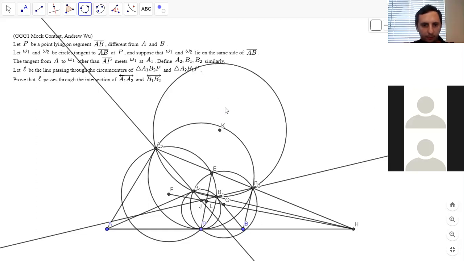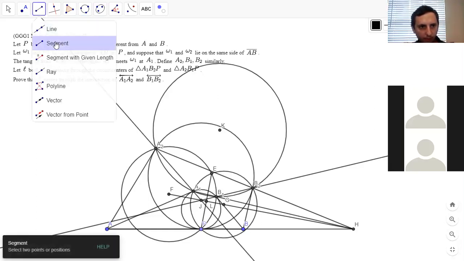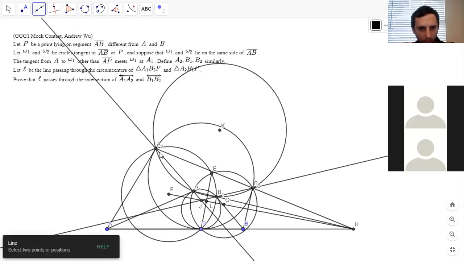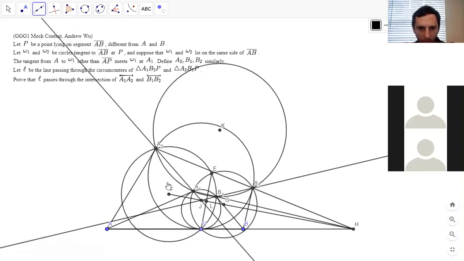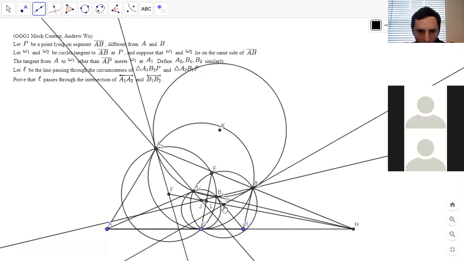I wonder if AF2 and BG2 meet at anything special. No, I don't think so. We want to show those are tangents.